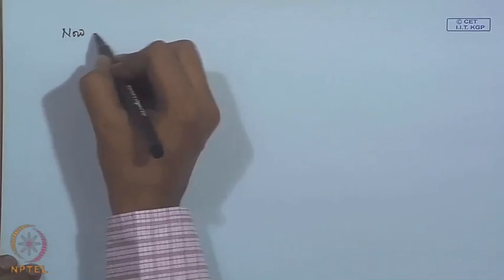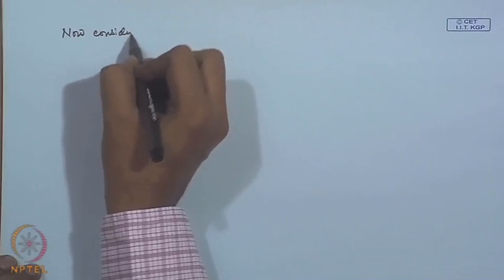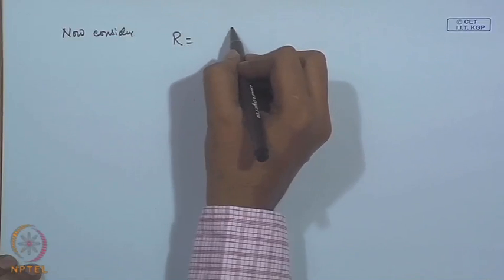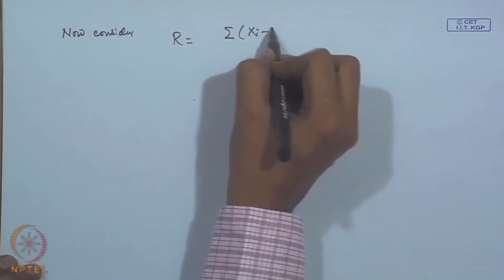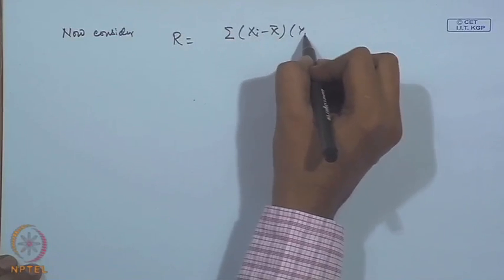Now, consider, say, R, that is actually the sample correlation coefficient.